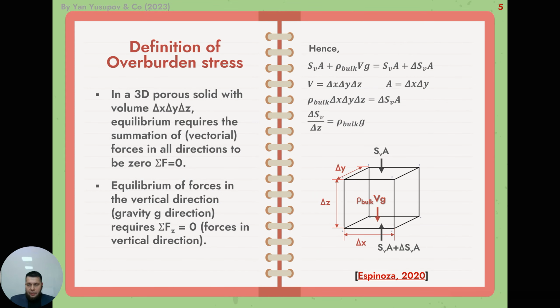Let's consider a 3D porous solid with volume delta X, delta Y, and delta Z. In this case, equilibrium requires the summation of all forces in all directions to be 0. So, equilibrium of forces in the vertical direction must be equal to 0.